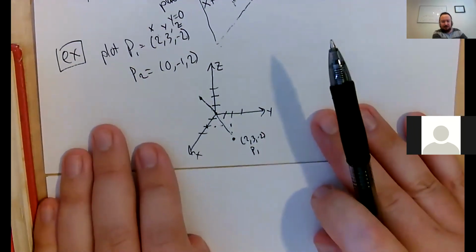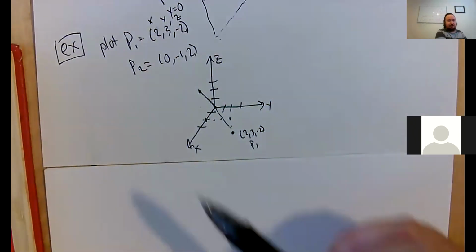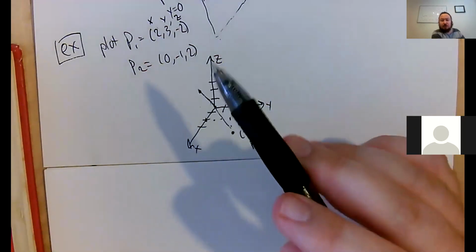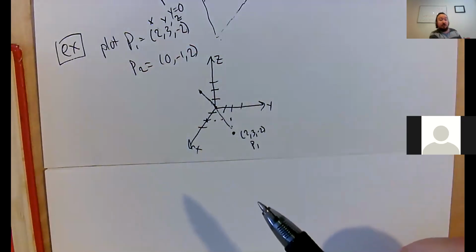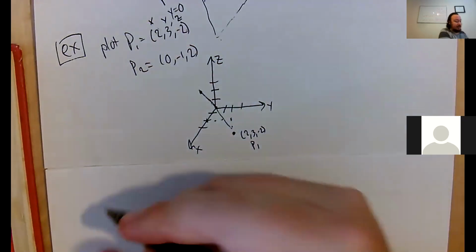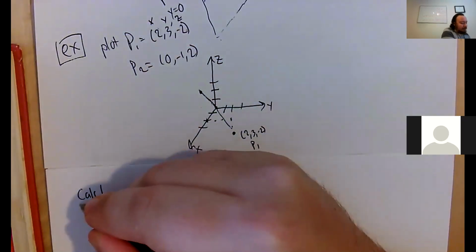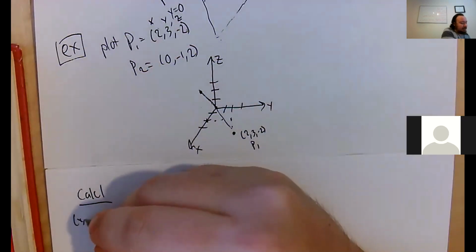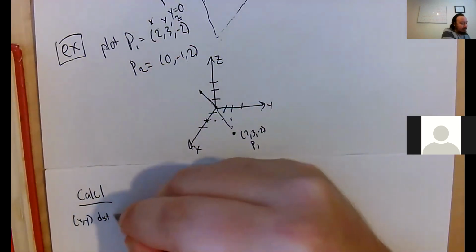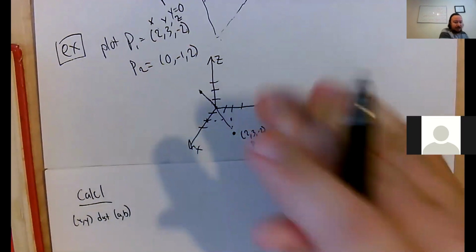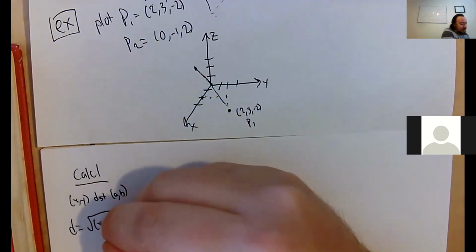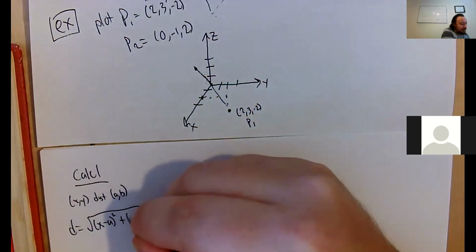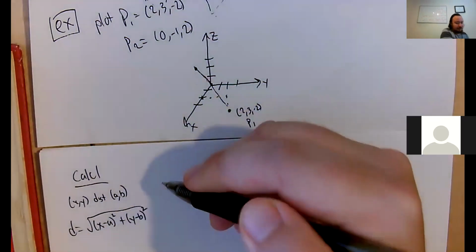All right, let's see here. Since we have more than one point in space right here, naturally we may ask, what is the distance between 2 points? So back in Calc 1, or even earlier technically, the distance between x, y, and maybe another point a, b is going to be the square root of x minus a squared plus y minus b squared.